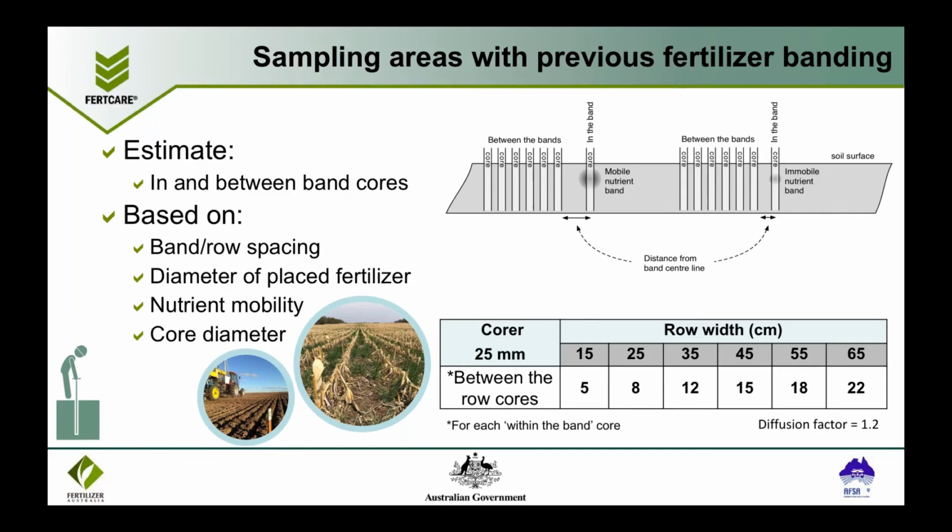And that's all based on the band and row spacing, the diameter of the placed fertiliser, how mobile the nutrient is, and the core diameter that you're using to collect some samples. There's an example table that I've provided you here, but I'd send you to the guide to get more information about your approach there and the calculations you need to make.